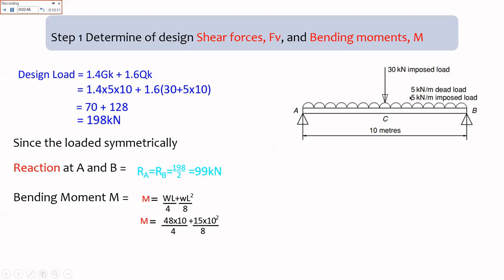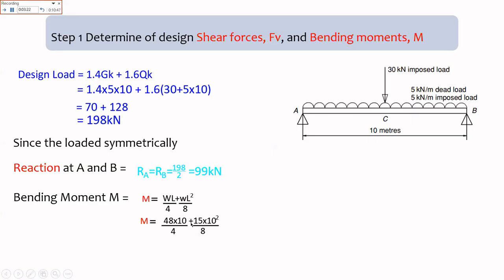plus 5 times 1.6. We get 15 combined, times 10 squared, where 10 is the span, divided by 8. Please don't get confused; I'll repeat. How have we gotten 15? 15 is 5, the dead load, times 1.4, the partial factor, which is 7, plus 5 times 1.6, which is 8.